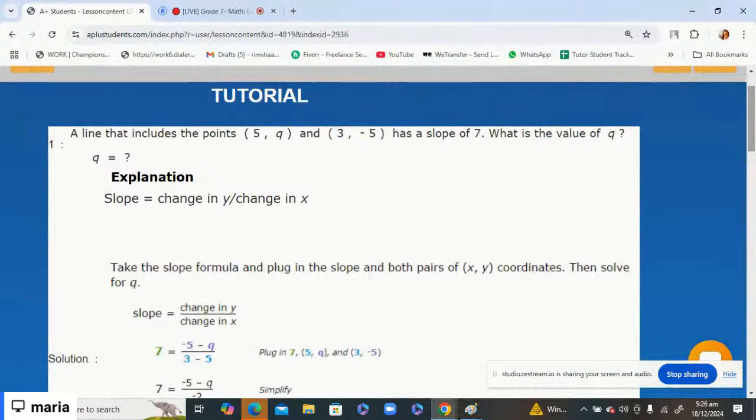Okay, now this time the slope is given. In these 4 values, one is missing. So by using these values, you are going to find the fourth value, the missing point.